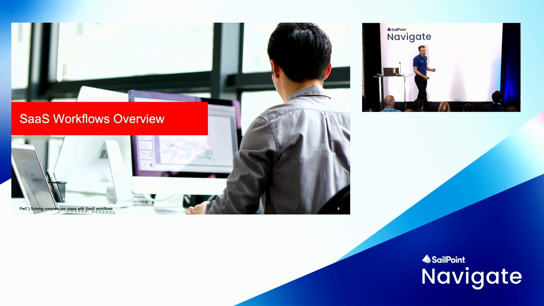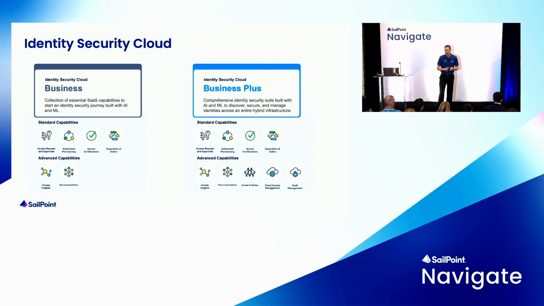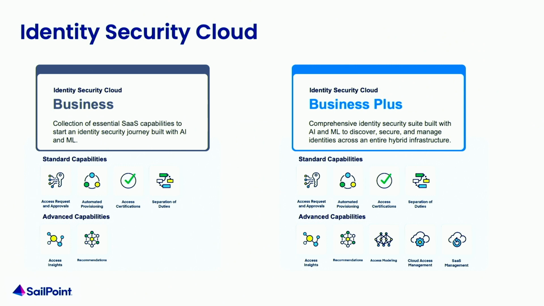All right, so the first question we get quite often is, I have Identity Now. How come I don't see any workflow in Identity Now? So let's talk a little bit about how you get it. It comes in 2 ways, and this is a packaging thing. Identity Security Cloud is our bundling of our offering for our SaaS options. You can see we have Identity Security Cloud Business and Business Plus.